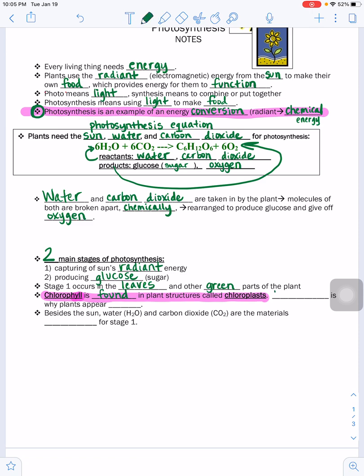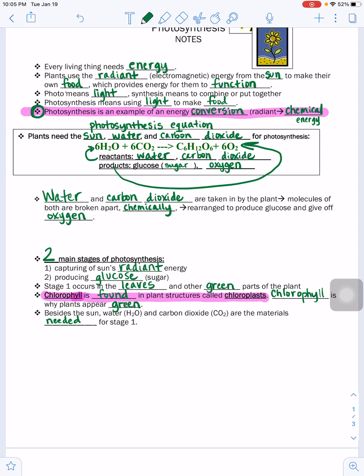Chlorophyll is why plants appear green. Besides the sun, water and carbon dioxide are the materials needed for stage 1.